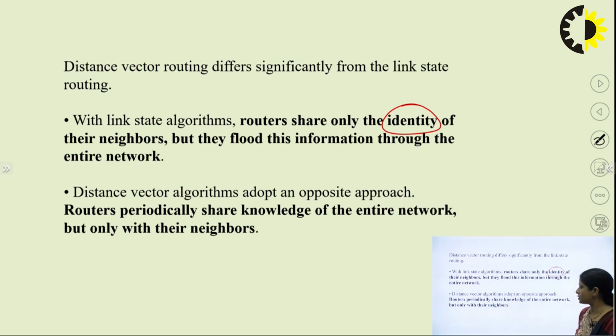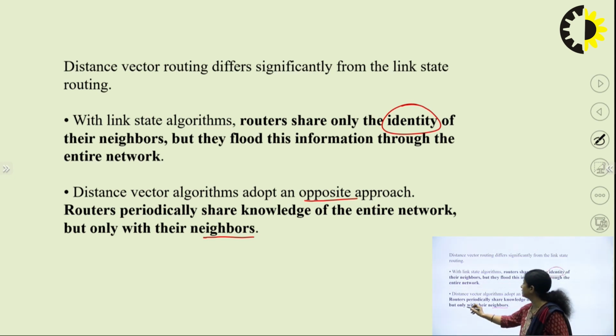The distance vector algorithm adopts an opposite approach. What is that opposite approach? Routers periodically share information about the entire network, but only with their neighbors. No, they are not going to flood this information throughout the entire network, right? They share it only with their neighbors. Fine.